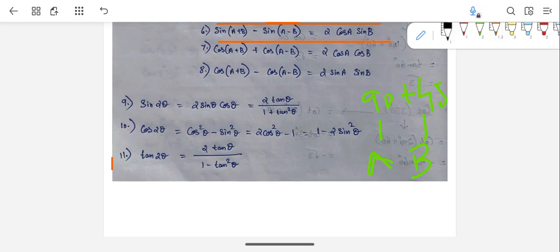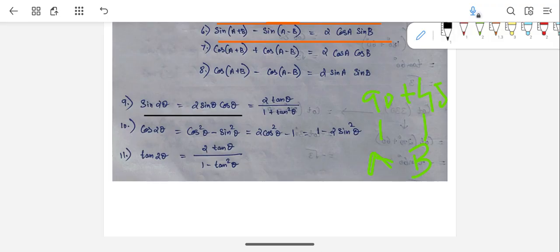Just think, what if both angles a and b are equal? Then you can write 2a or simply 2 theta. So sin 2 theta you can write as 2 sin theta cos theta.